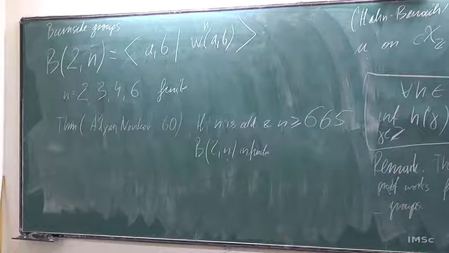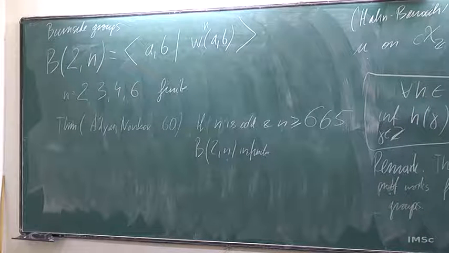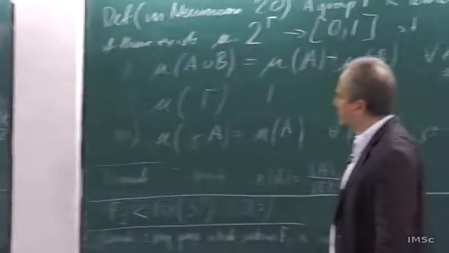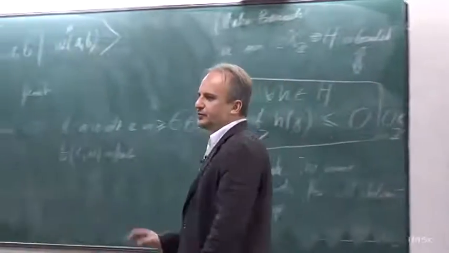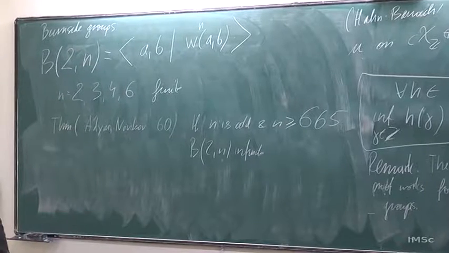Okay, so this was an introduction to amenability. In the following lectures, I'll give you other definitions of amenability. Actually, I'll give you a very simple definition of amenable groups from the 50s.